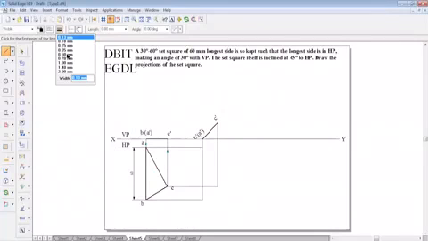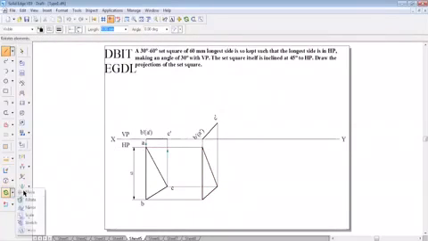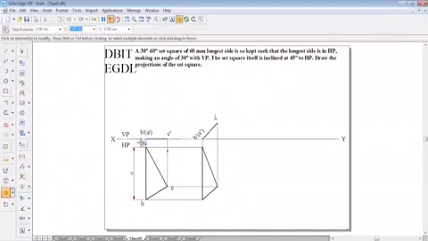Next, go to the line command, take a thick line. You have these corners A, B, C, so just join the endpoints. This will be your corner A, corner B, and corner C in the second position.